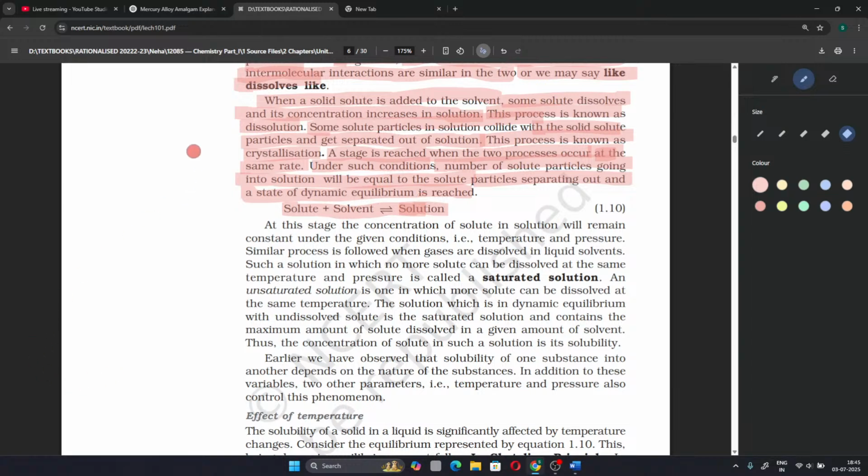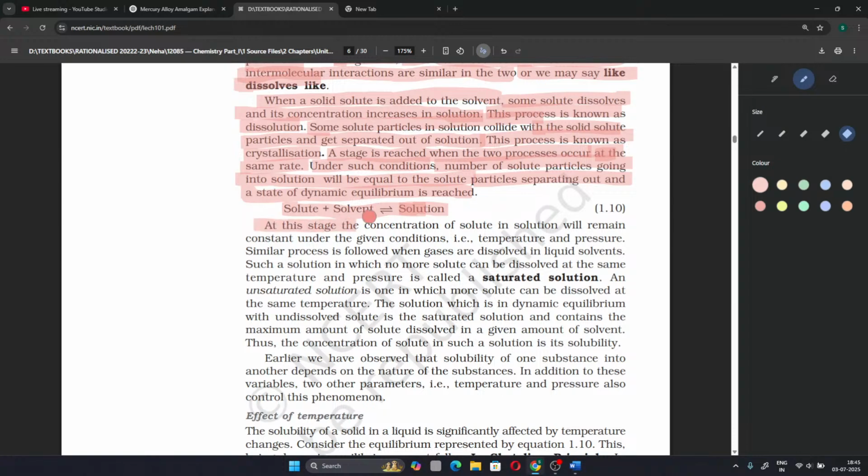Under this dynamic equilibrium, the number of solute particles going into the solution will be equal to the solute particles which come out of the solution. They will not come out of the beaker, but they will come out of the dissolved state, and this other state which is not the dissolved form is what we call the crystallized state, or crystallization. That is basically what they described here.